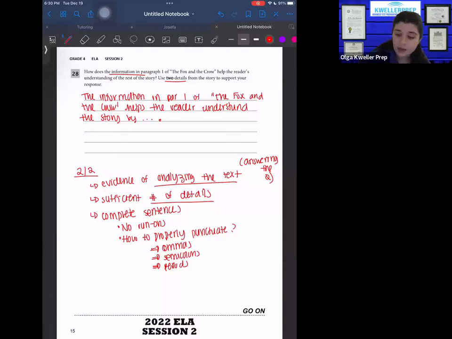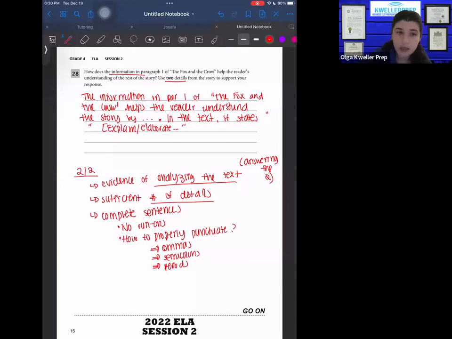Then I would use a quote. So I would say, in the text, it states, and then you put in your quote, and then that counts as your direct detail. And then you have one sentence where you explain or elaborate on that quote. Like, why did you pick that quote? How does that quote demonstrate your answer?